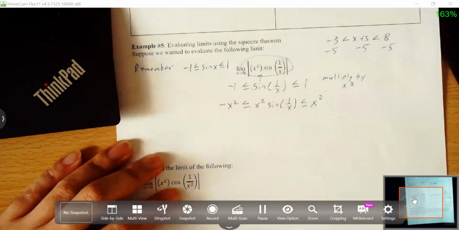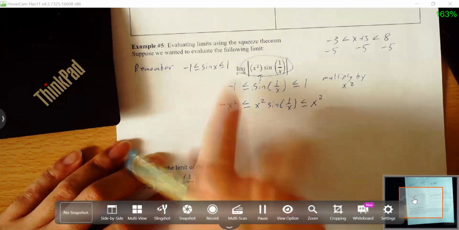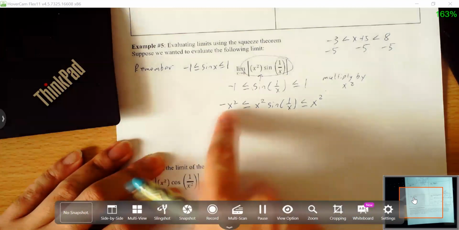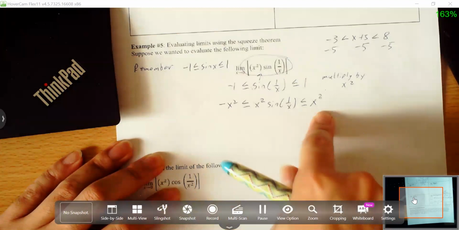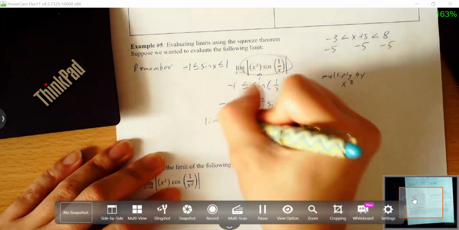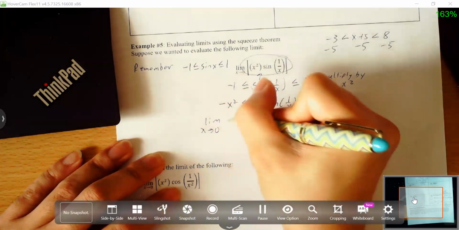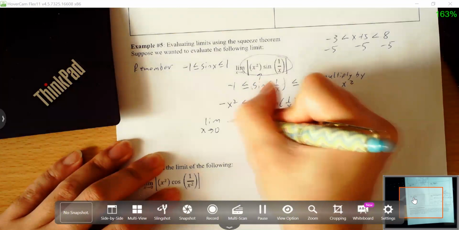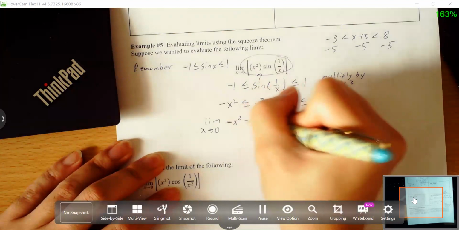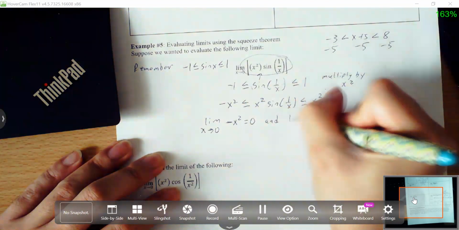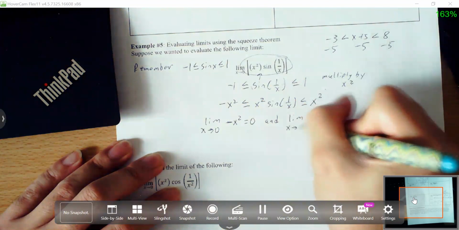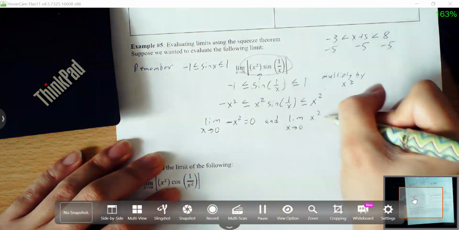Well, I want to find the limit as x approaches 0. I know how to deal with that function. This is just a parabola. I know how to deal with that function. That's also a parabola, right? So the limit as x approaches 0 of negative x squared equals 0. And the limit as x approaches 0 of x squared is also equal to 0.